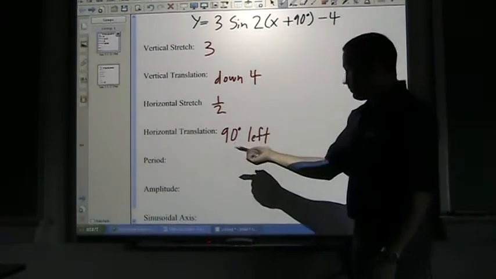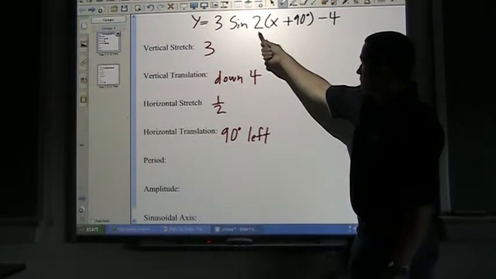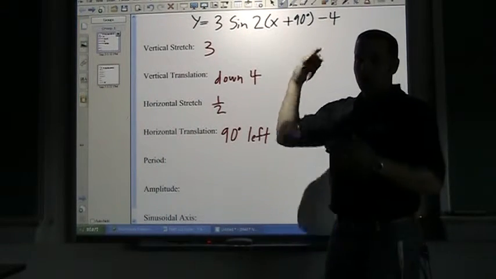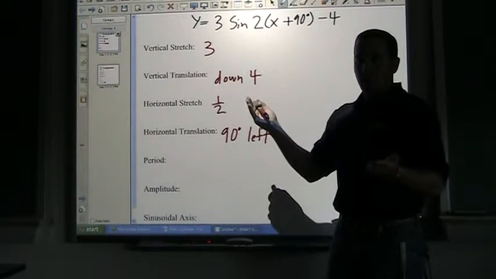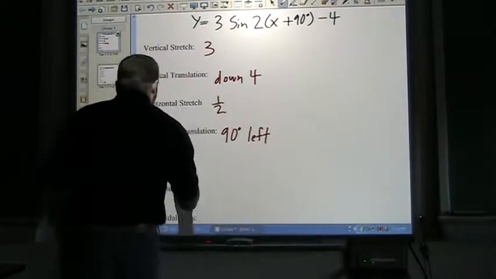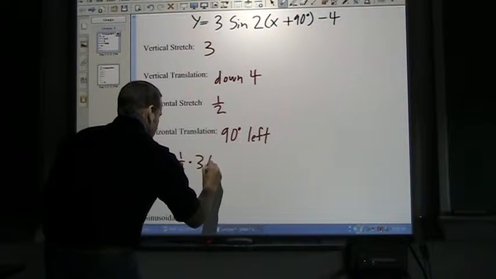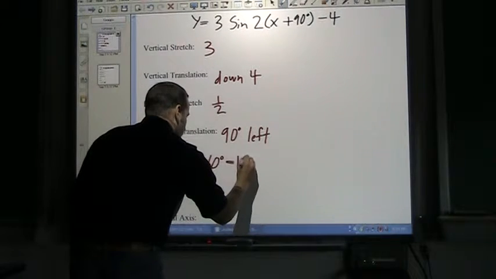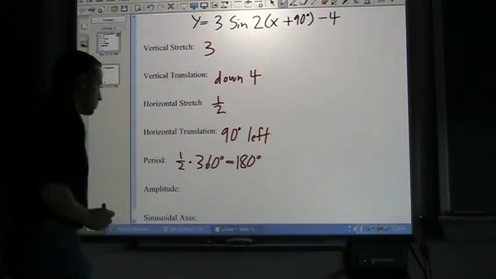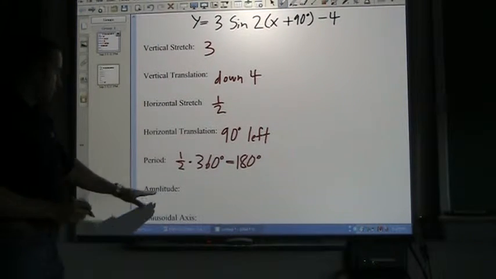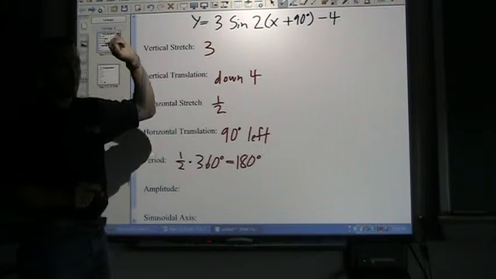Now the period. Again, the 2 tells me, if I take the reciprocal of it, that it's 1/2 of the normal period. So 1/2 times 360 degrees will be 180 degrees. So there's my new period. The amplitude is the number right out front again.